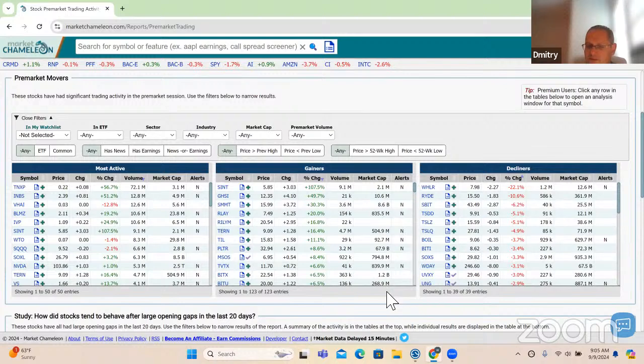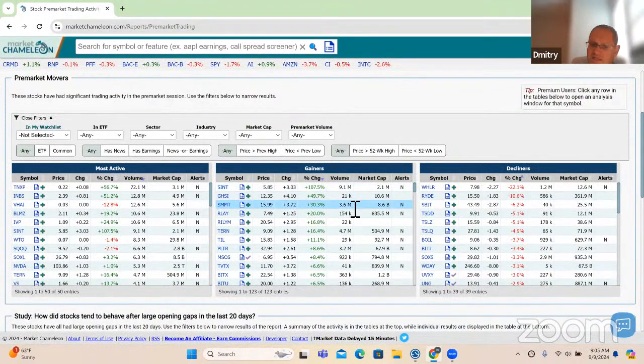Now, stocks in the pre-market can trade with very low volume, very low liquidity. So we set thresholds for stocks to make it onto this list. If it meets our thresholds and makes it onto this list, it could include small cap stocks.